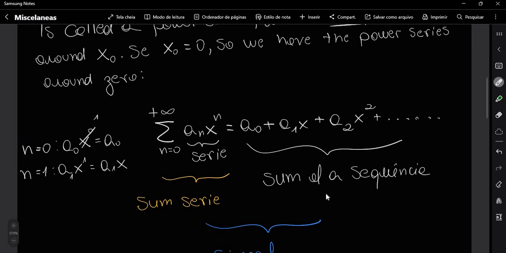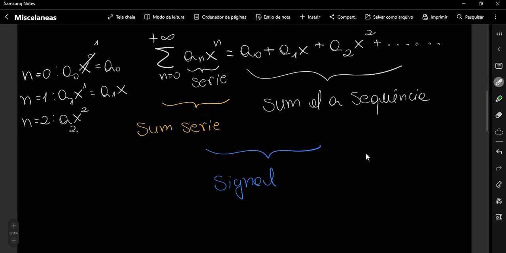And for n equal 2, again, instead of writing the n, we write the number of the index, and so on.